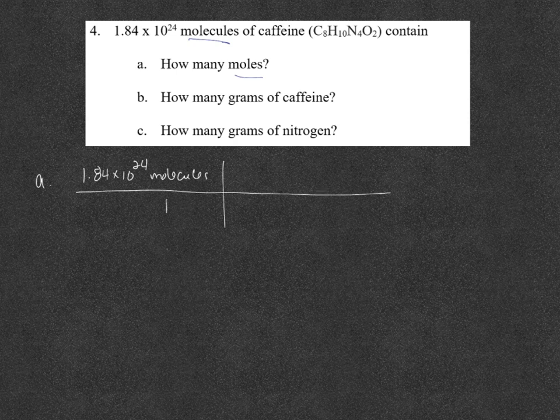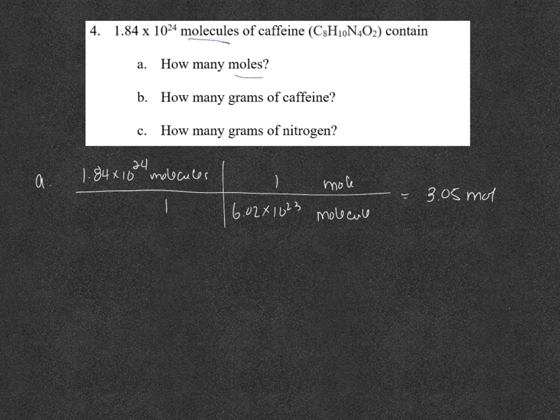Put it over 1. Molecule comes down. Mole goes to the top. 1 goes next to mole, and then we put Avogadro's number on the bottom. This is a problem where if you don't know how to use your calculator, you're going to get something times 10 to the 47. Okay, so make sure you know how to use your calculator. We're going to get 3.05 moles.